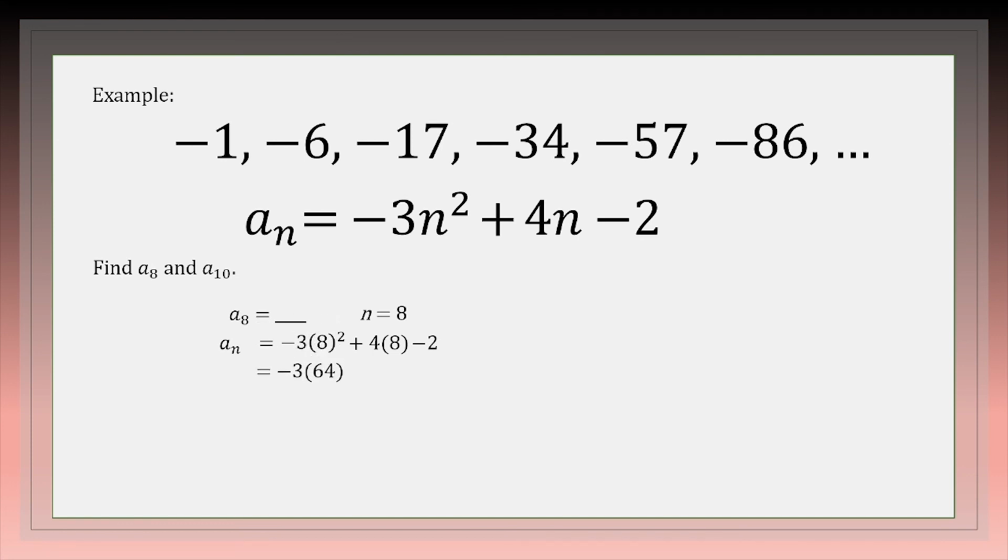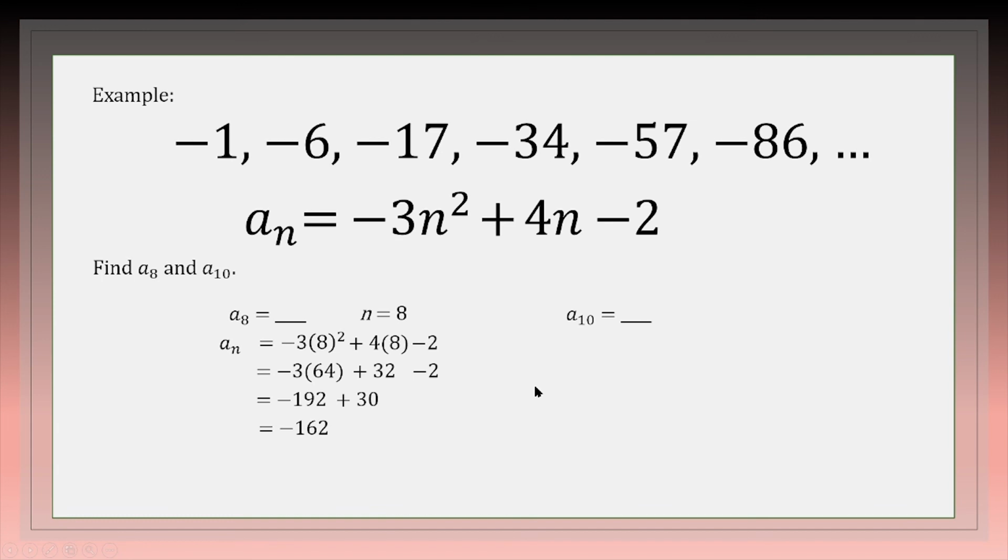Then, simplify natin. What is 8 squared? 64. Plus 4 times 8 is 32 minus 2. Then, multiply na natin. Negative 3 times 64 is negative 192. Then, 32 minus 2 is 30. Then, the difference is negative 162. So, ito yung ating a sub 8.